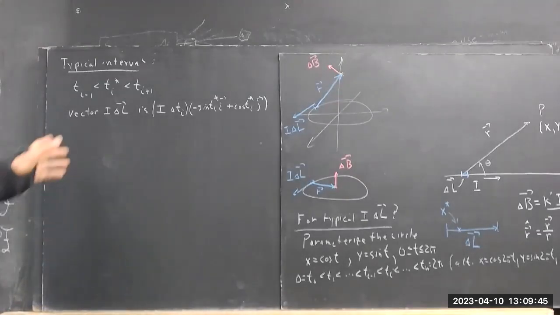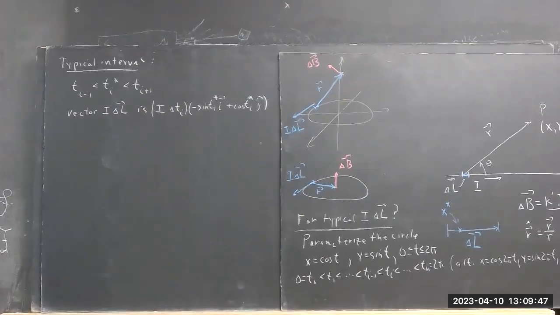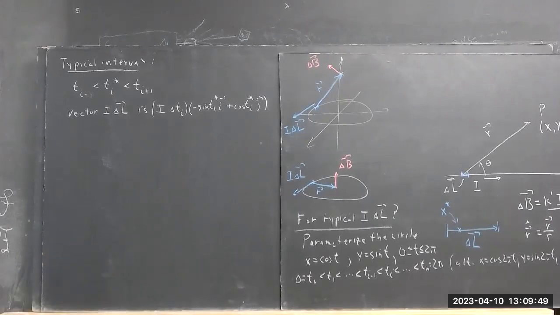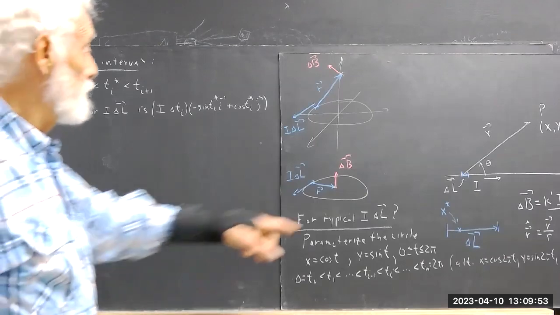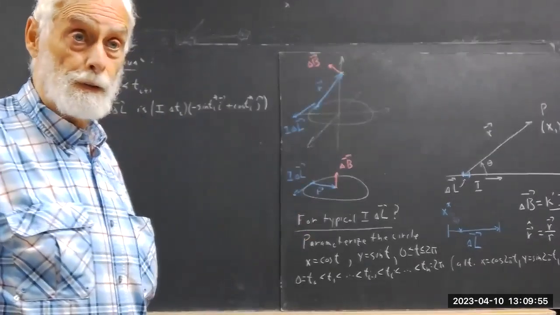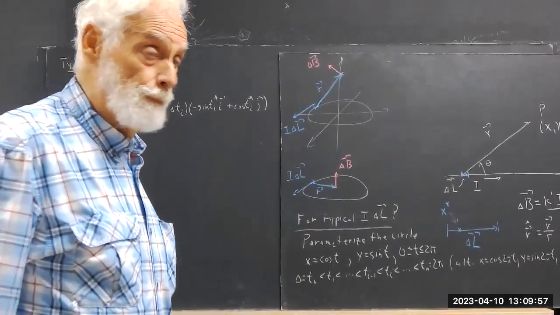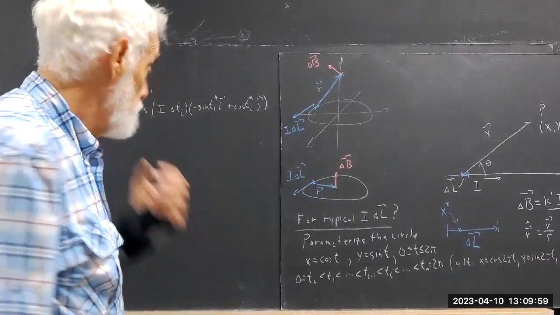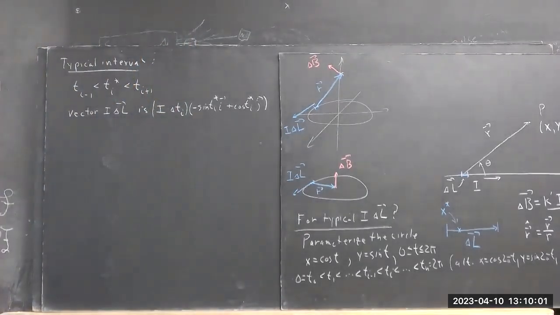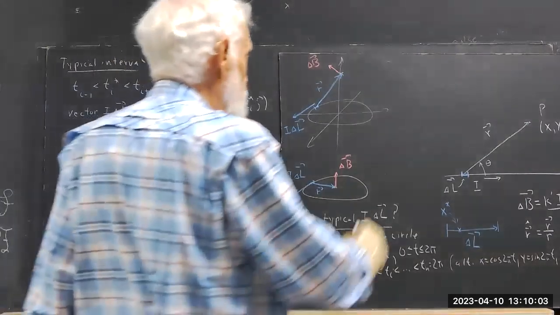Now you can do that just by taking the derivative of your r vector, which gives you a tangent vector. You can also do it geometrically.